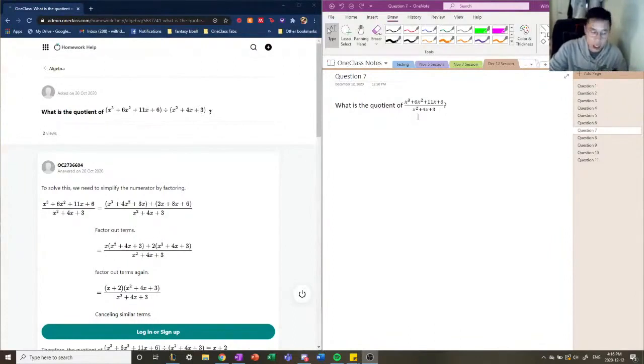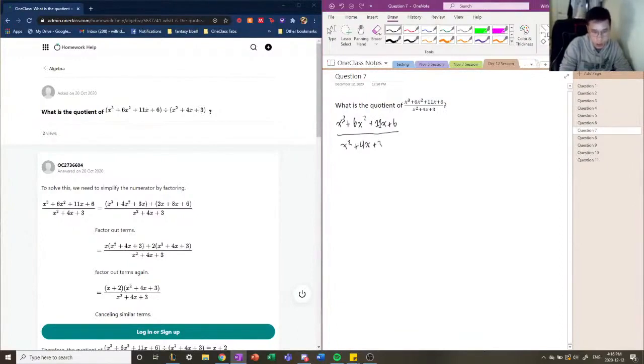So we're going to first write down our division again: x cubed plus 6x squared plus 11x plus 6 divided by x squared plus 4x plus 3.